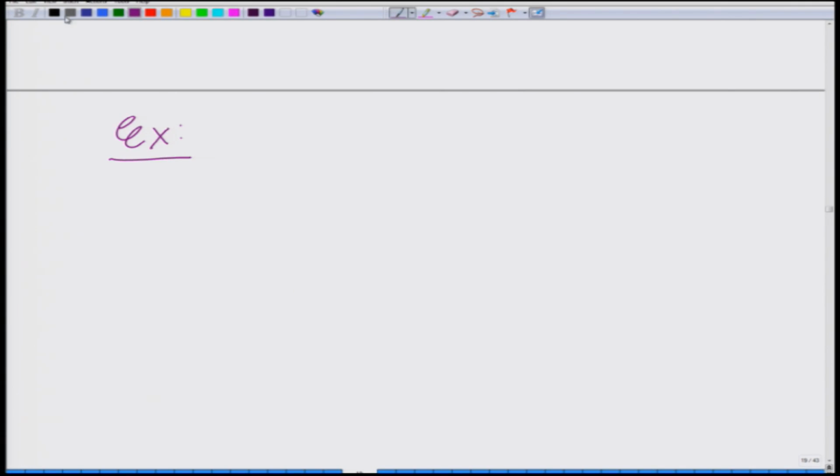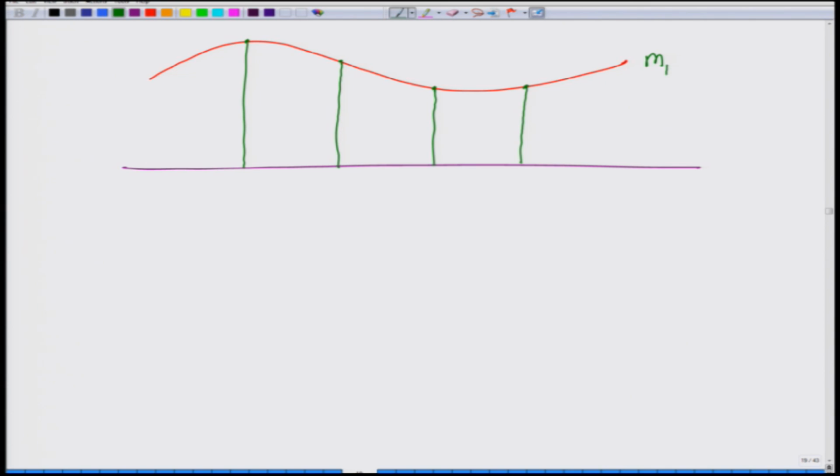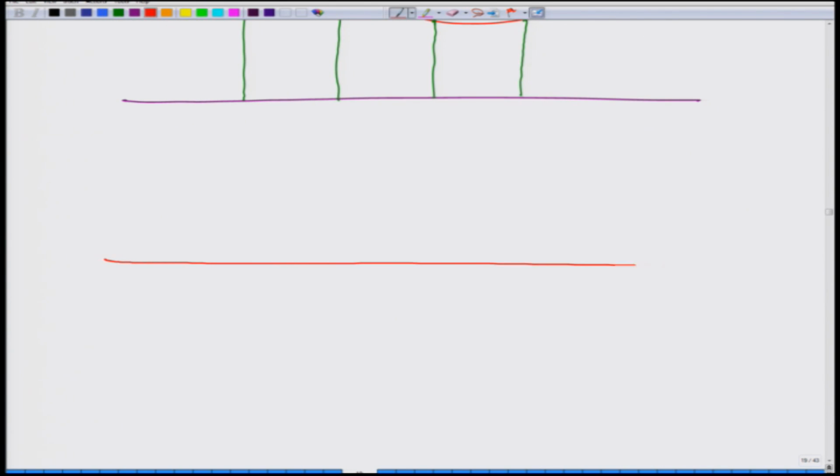For instance, I have one signal that looks like this with samples, so this is your M1T, these are the samples, and let us say we have another signal M2T.